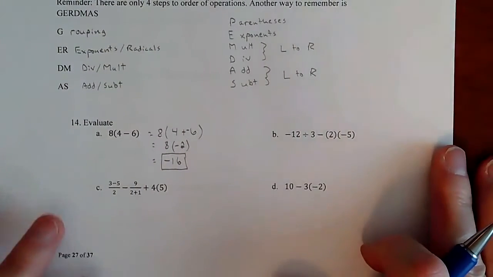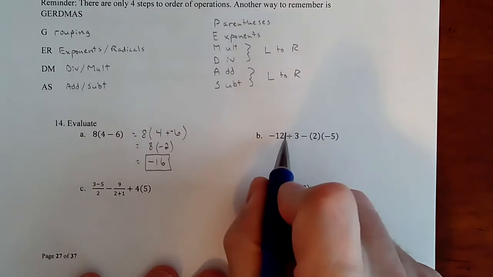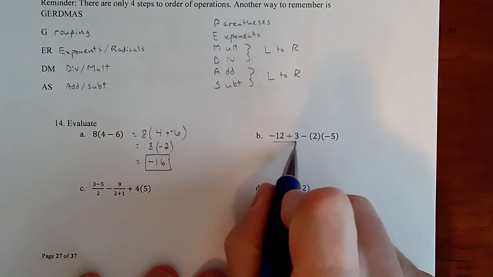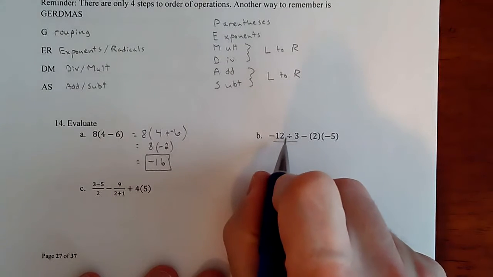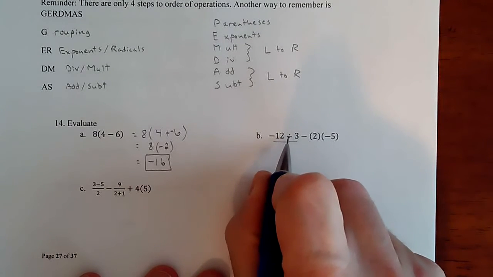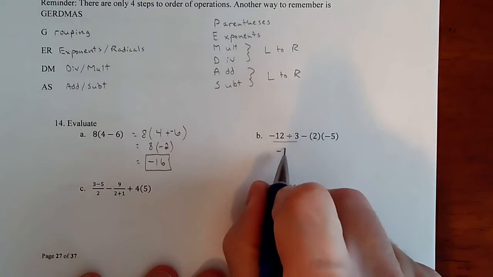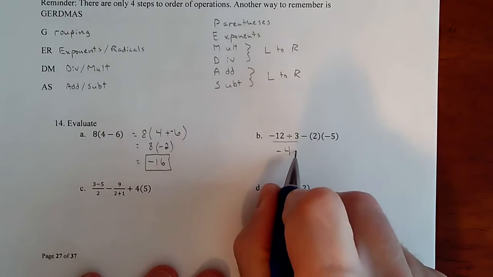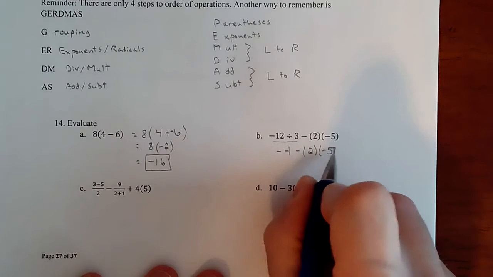Okay, so that's what I'm shooting for in each problem. Some problems are longer than others. If I take a look at this problem, I'm going to do division, because that division comes first. So I have a negative 12 divided by a negative 3. A negative divided by a negative is a positive, so that's positive 4. Then I'll drop down everything else: minus 2 times negative 5.